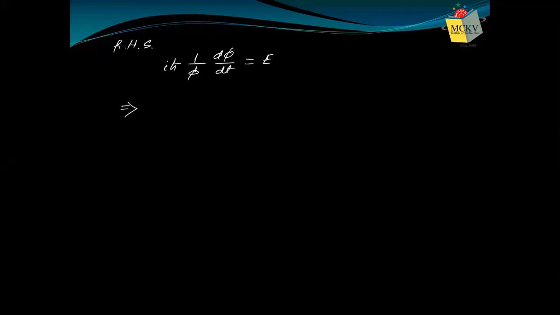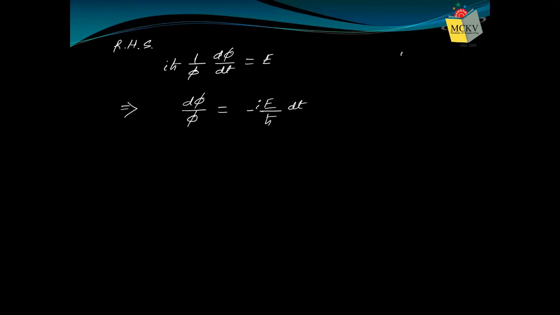Or from that I can write d phi by phi equals E by i h cut, that means minus i by h cut, dt. Can I write it in this way? You can write minus iE by h cut or just E by i h cut, same thing.